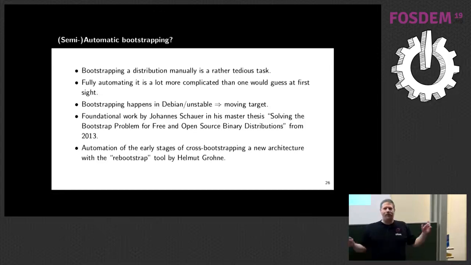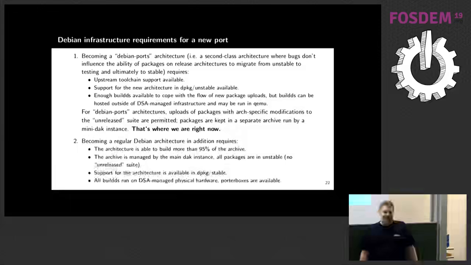So now we have packages, but we want to have a proper distribution. So we need to get those packages into Debian infrastructure. Debian has two major types of architecture. So regular architectures, which have regular stable releases, get security support for stable releases. And we have ports architectures, which is somewhat the kindergarten of Debian architectures.